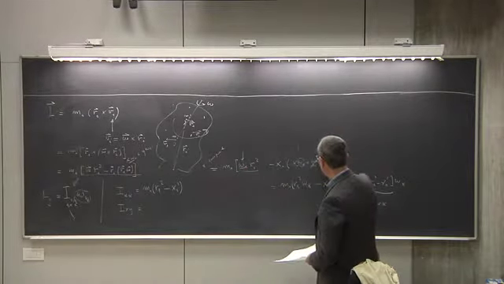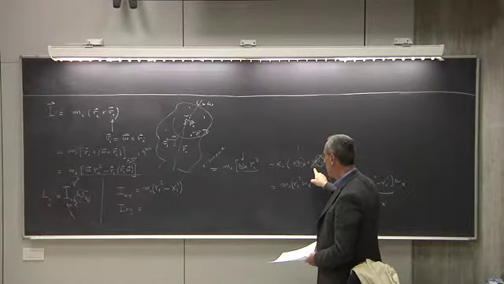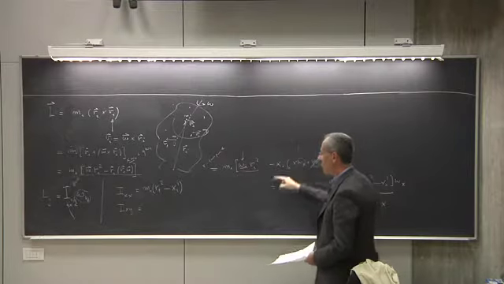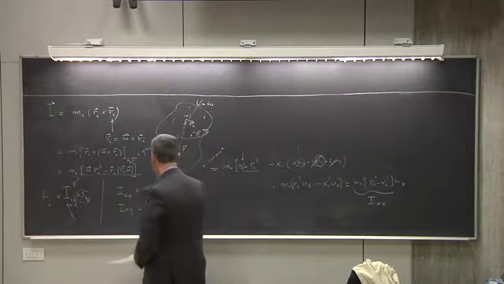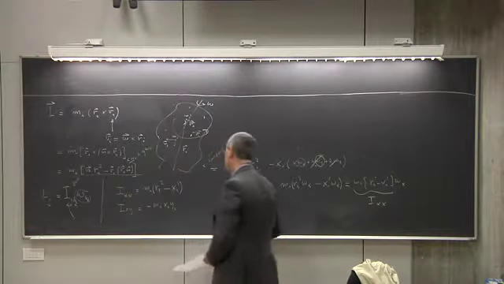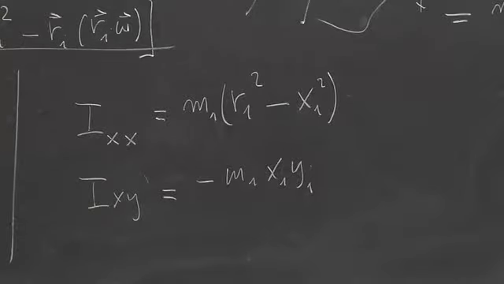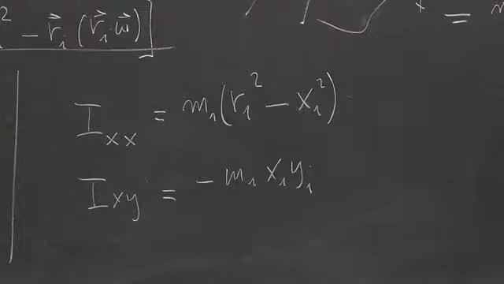But in here, I do have a term that is proportional to omega y. So it's actually simpler, because it's just minus m_i x_i y_i. So it's only this term here. And you can keep on going.